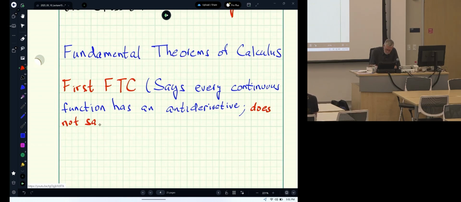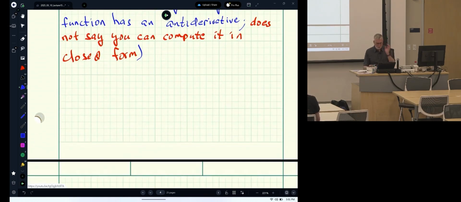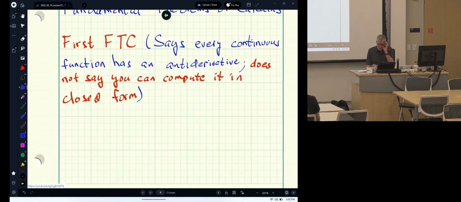It does not say you can compute it in closed form. It's a good thing it doesn't say that because it's false. Okay, so anyway, that's the first fundamental theorem of calculus. I'll write it down more precisely, but that's what it says. Every continuous function has an antiderivative.